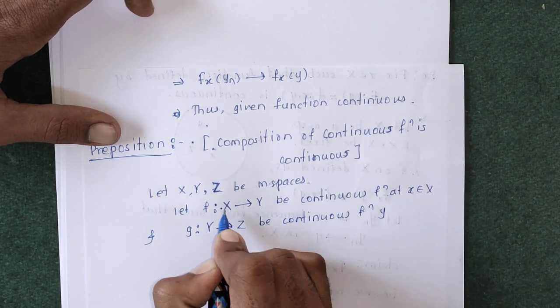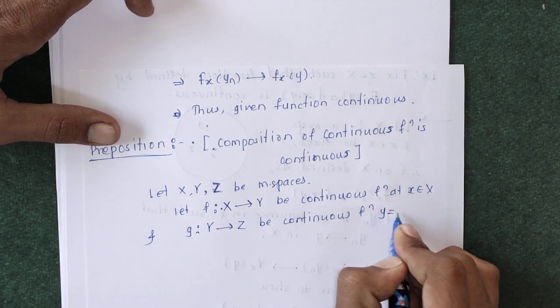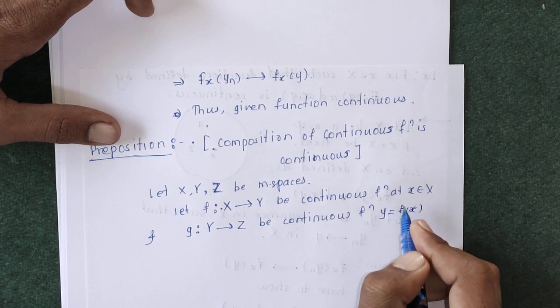The elements of y are of the form f of x, so at some y equals f of x.